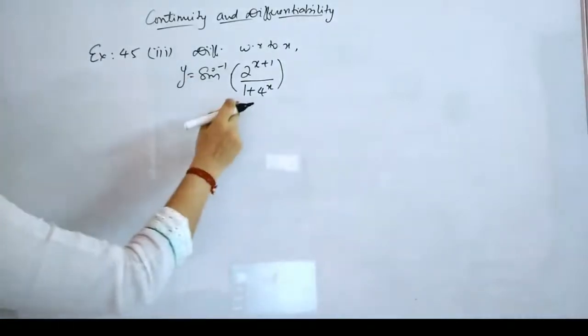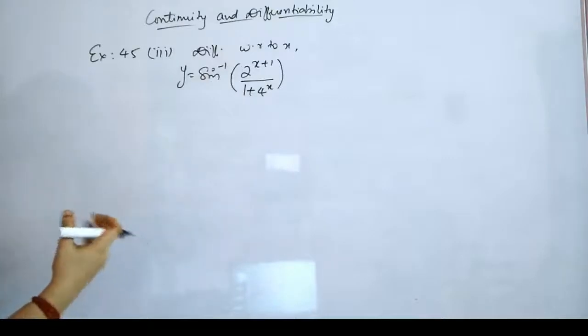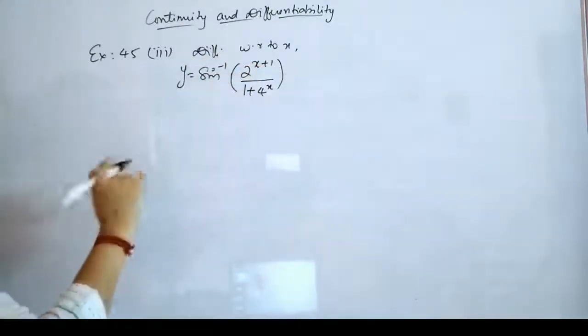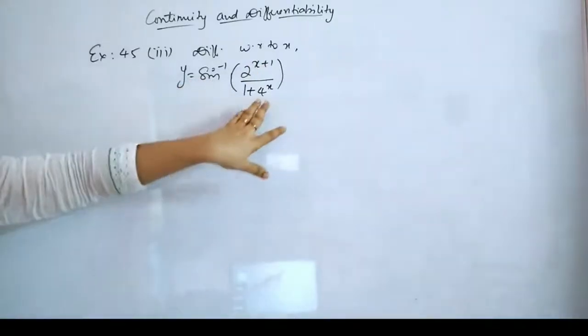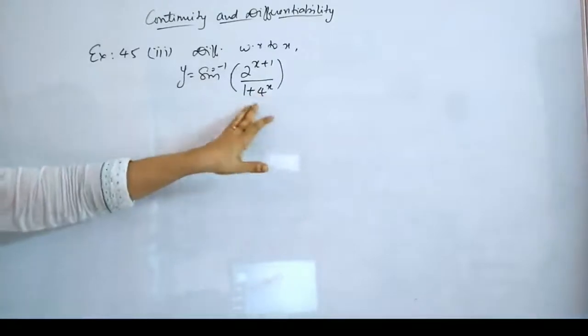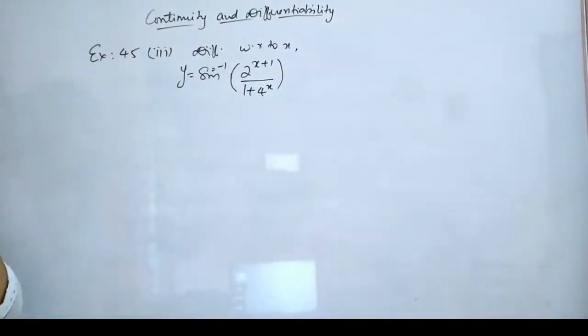So for that, first we are checking whether this angle is valid or not, whether it is okay for all values of x or not. For sin inverse function, the argument should be from minus 1 to 1.